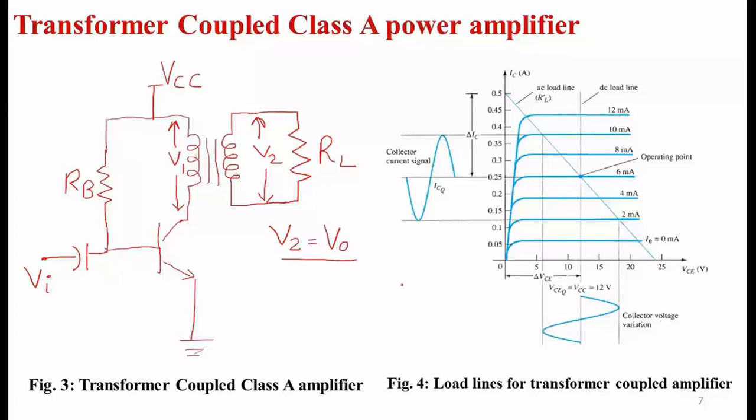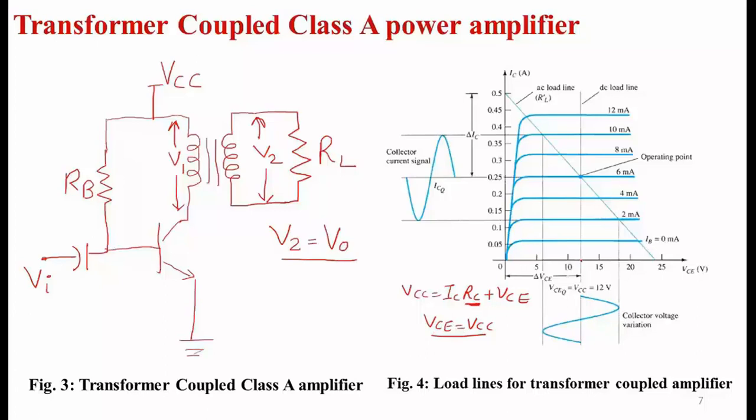As we know, VCC is equal to ICRC plus VCE. When there is no resistance, RC will be equal to zero. Hence, VCE is equal to VCC. So this is the point on the x-axis.